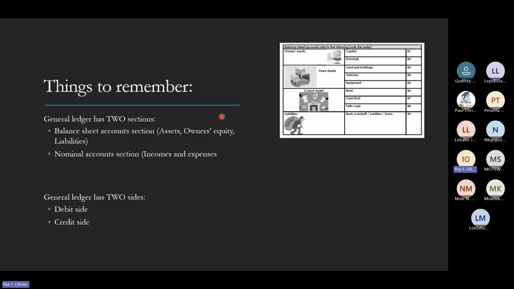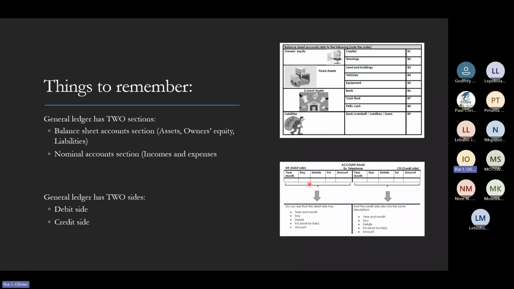So if we look at our balance sheet account section, you will see we will always start in our general ledger with our owner's equity, that is your capital and your drawings, then your fixed assets, lands, vehicles, and equipment, then your current assets, your bank, your cash float, that is the money in your till, and your petty cash, that is your mini bank, and then your liabilities that can be bank overdrafts, creditors, or loans.